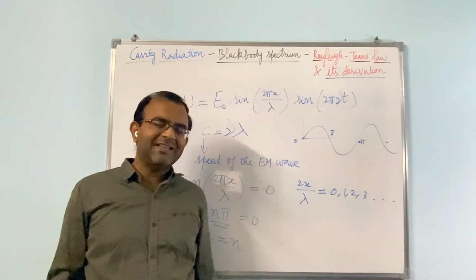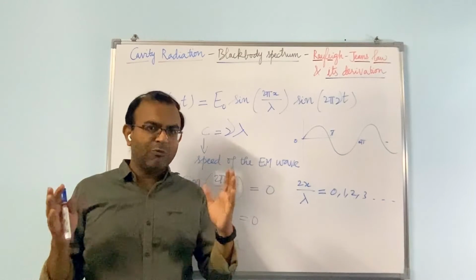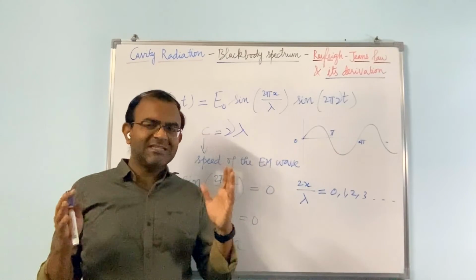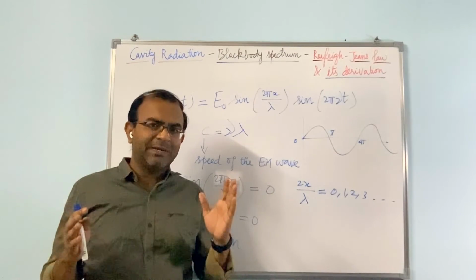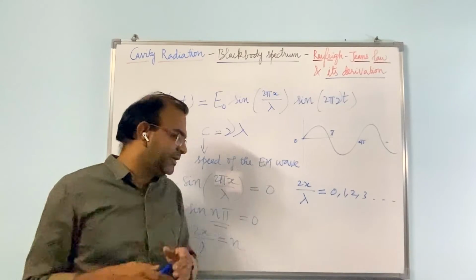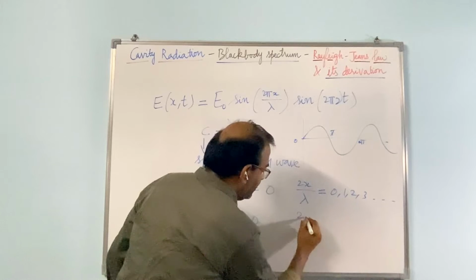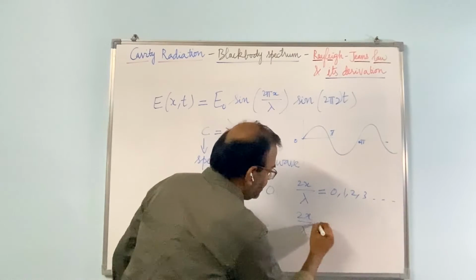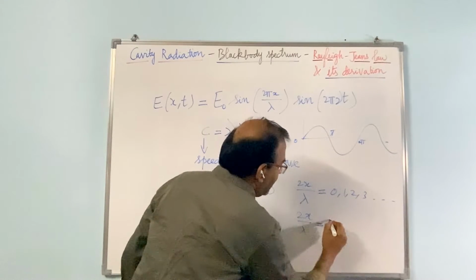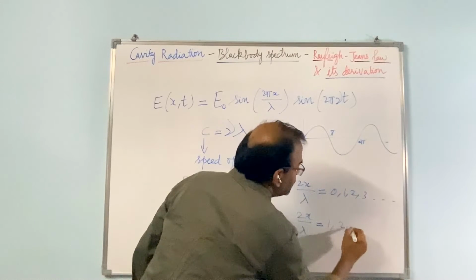In order to satisfy the condition that the wave has fixed nodes at both ends of the cavity, let us fix the origin at x equals 0 for this axis, so that at x equals a, 2x by lambda is equal to n, where n is now 1, 2, 3, and so on.